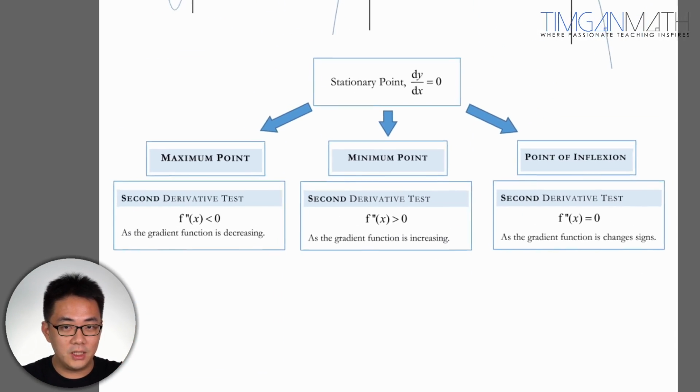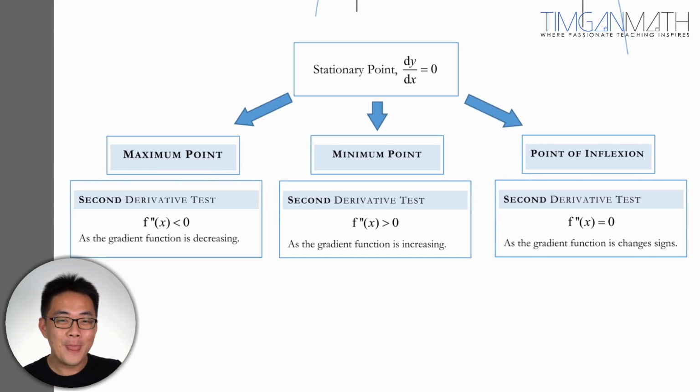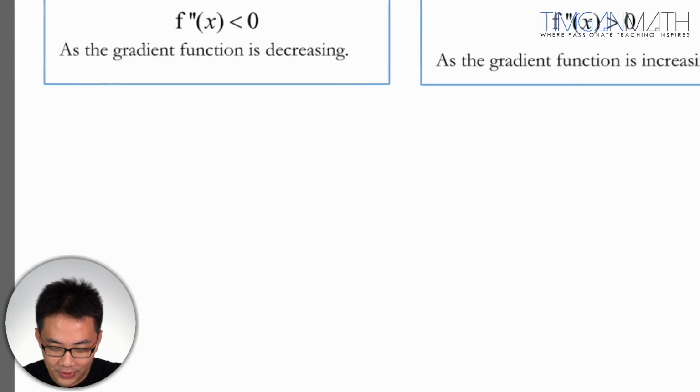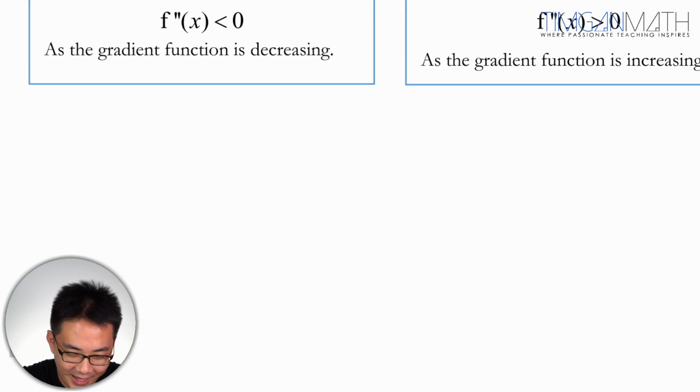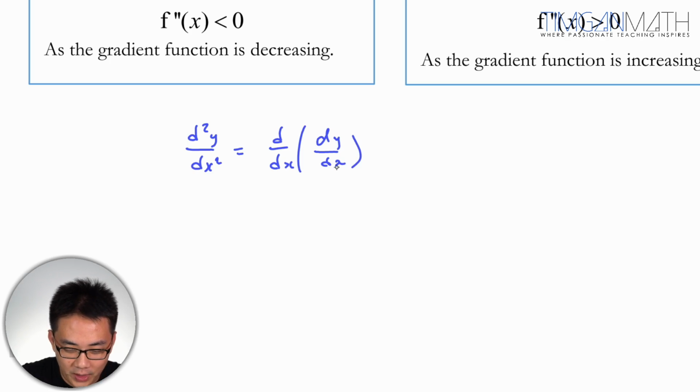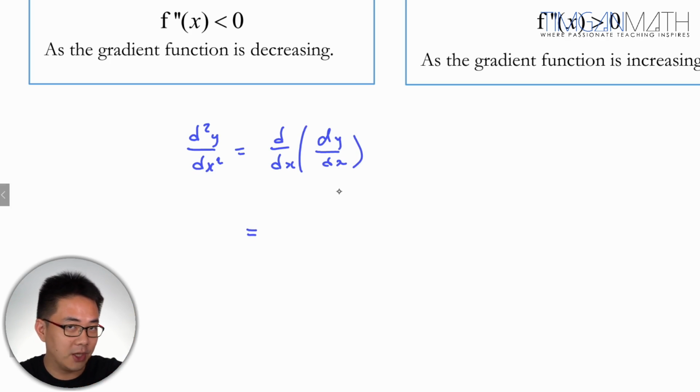Now, what is the significance of the second derivative test? See this as d squared y over dx squared, which is actually d/dx of dy/dx, okay? Now, this dy/dx here is the gradient. In other words, it's the change of y with respect to x. As x changes, how much y is changing.